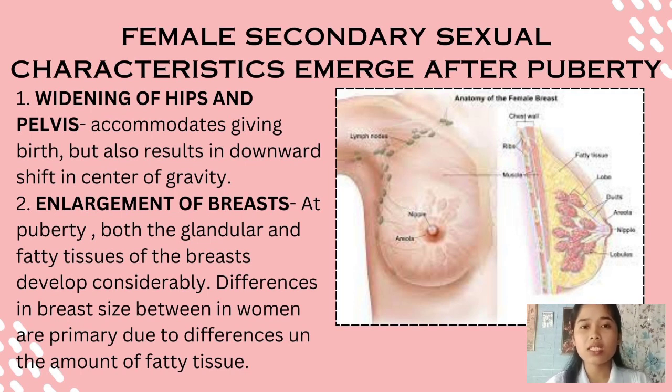And the last one is the enlargement of breasts. At puberty, both the glandular and fatty tissues of the breasts develop considerably. Differences in breast size between women are primarily due to differences in the amount of fatty tissue.